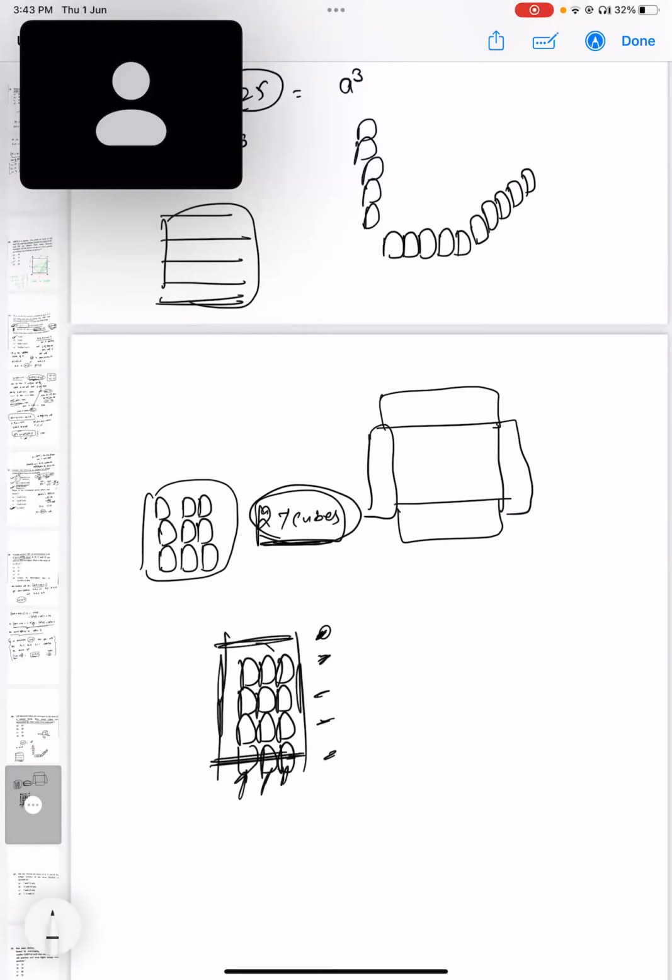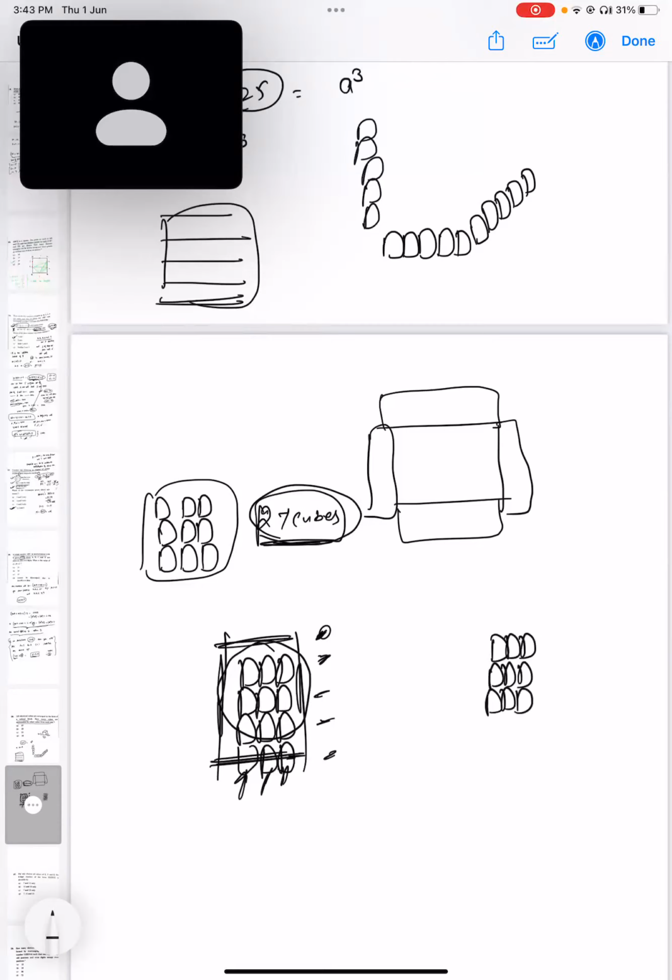So we are left with 3 by 3 cubes. Now imagine we were having 5 layers of these cubes, right? The topmost layer is not surrounded by any other cube from the top, and similarly the bottom layer is not surrounded from the bottom. So we have to remove those two layers also. So what we will be left with? 3 by 3 cubes and 3 layers.